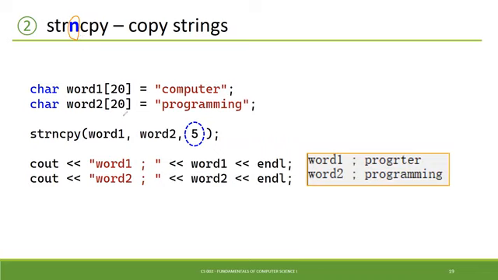When you use strncpy, you must provide one more argument, and it is a number, an index. It means copy word 2 to word 1, and this time only copy 5 letters.